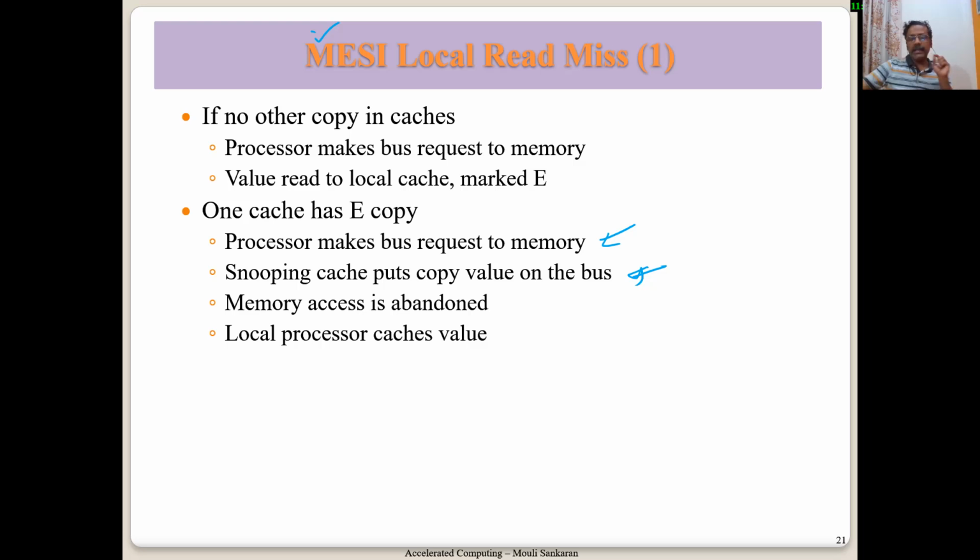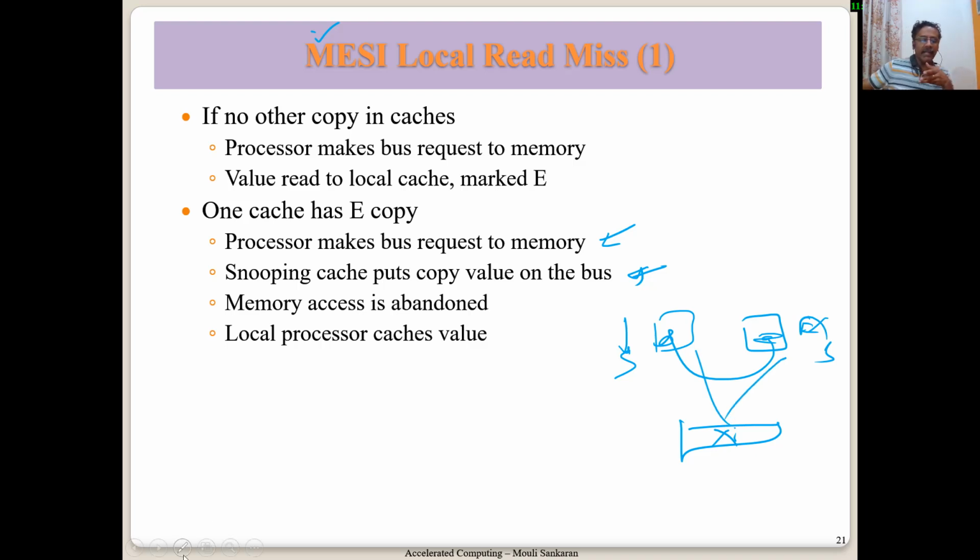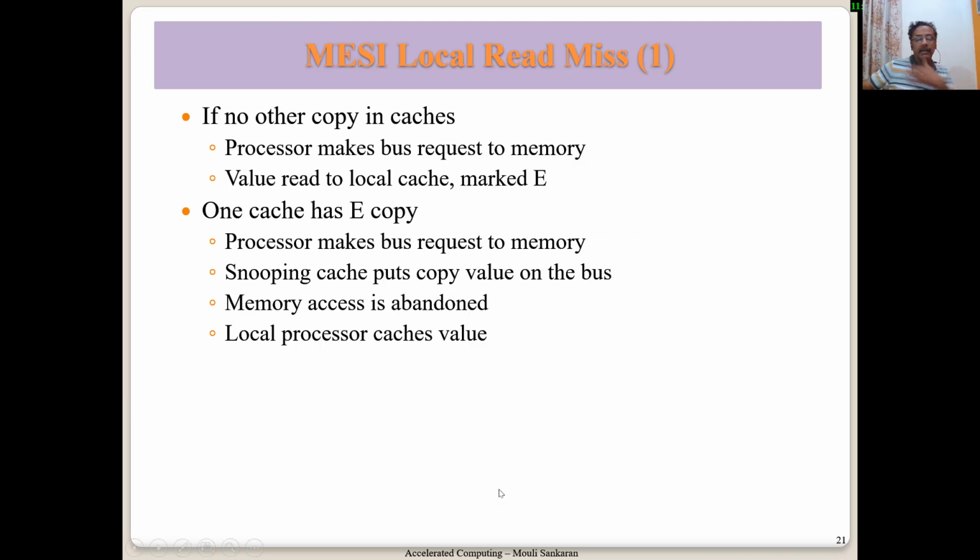Now the data comes from the adjacent core which has the E copy. Both become S, and the value in the cache block comes here. Main memory is not touched because it is in sync anyway. Getting it from the neighbor cache is easier than going to main memory. Both lines are shared.